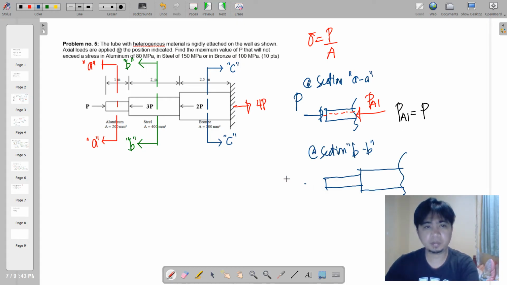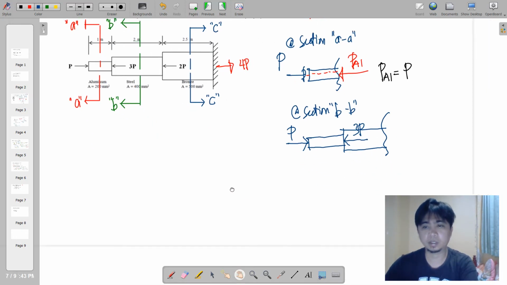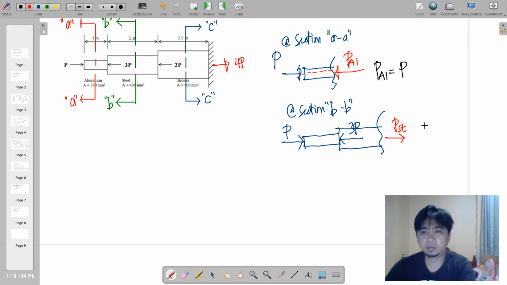So at section BB, we have a cut passing through the steel. And of course, we need to consider all of the forces on the left portion. We have P and then 3P. Say a rightward force here, PST. So we perform this equilibrium equation.